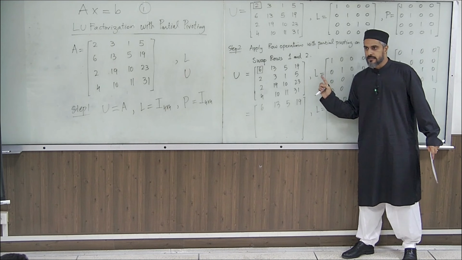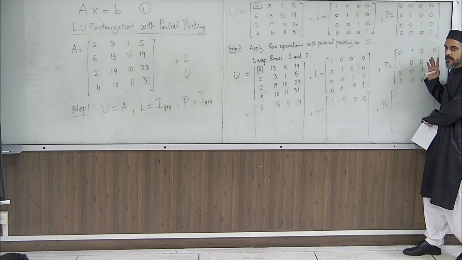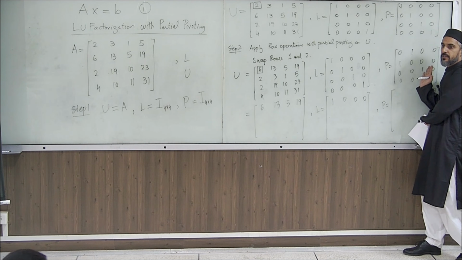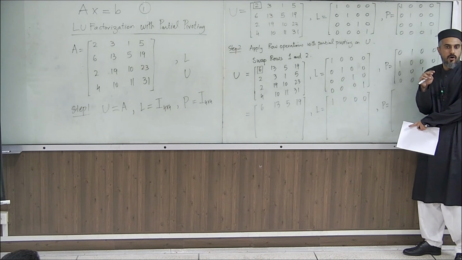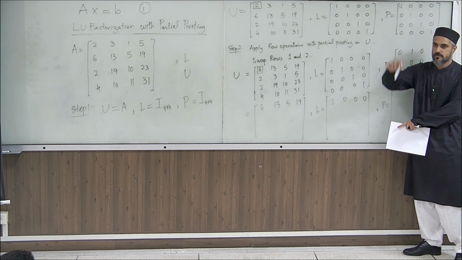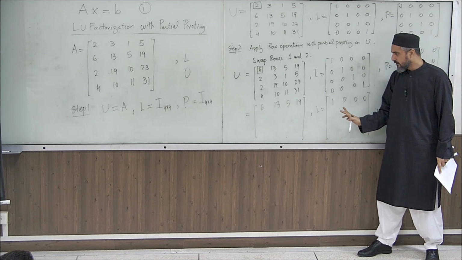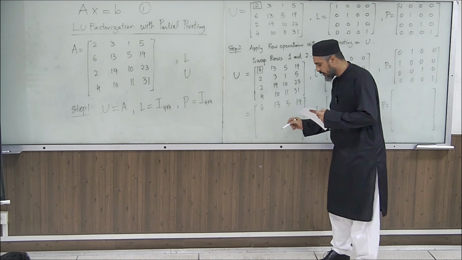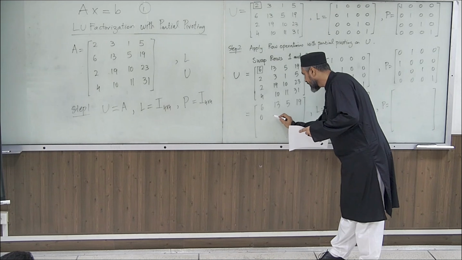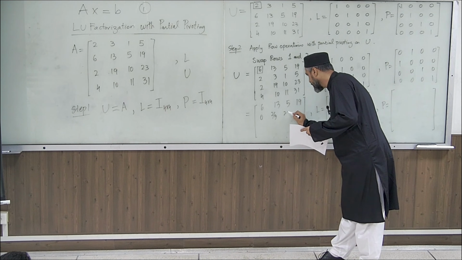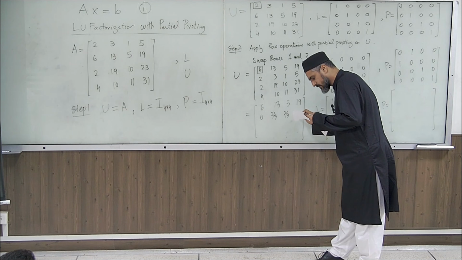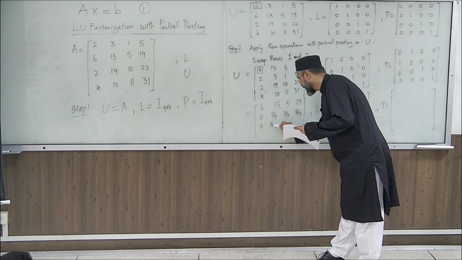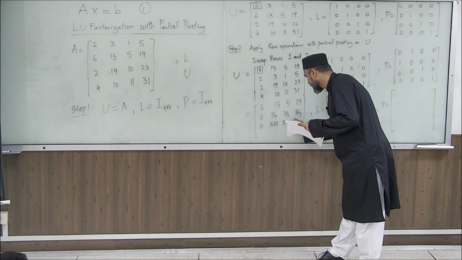This matrix P is only taking care of the swapping of rows. We don't have to do anything to this matrix P. It's just taking care of how the original matrix A is being changed. So we're going to do the row operation on this matrix and this matrix. If I do the row operations, I get 0, 2 by 3, 2 by 3, and 16 by 3, and so I'm just going to write the calculated values.